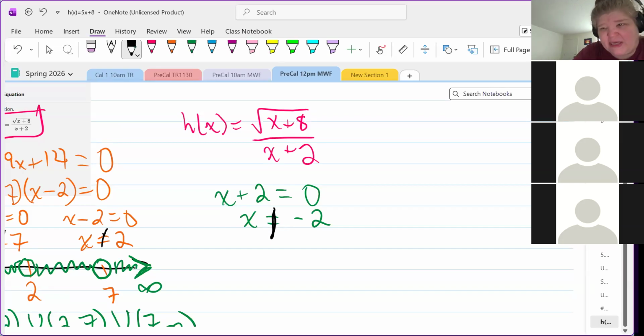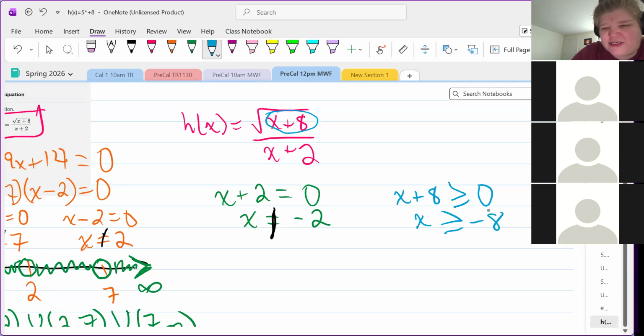So x can't be allowed to equal negative 2. And then the other result is going to come from inside our square root. Square roots are not allowed to apply to negative numbers. I can't take the square root of a negative number. So I'm going to set the inside of the square root greater than or equal to 0. So this is saying it can only be positive or it's allowed to equal 0. And if I minus the 8 over, I have x is greater than or equal to negative 8.